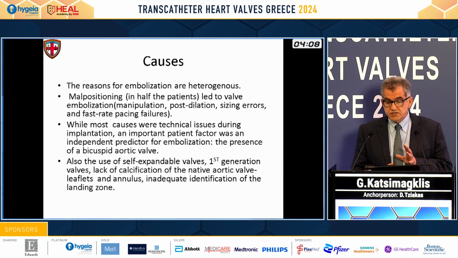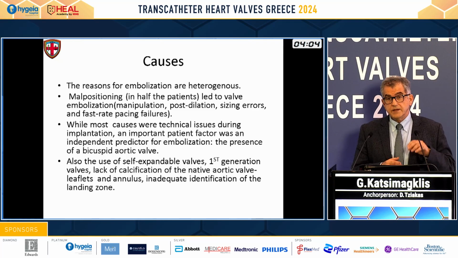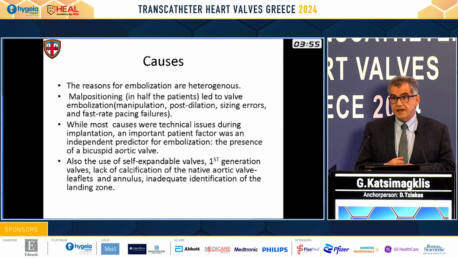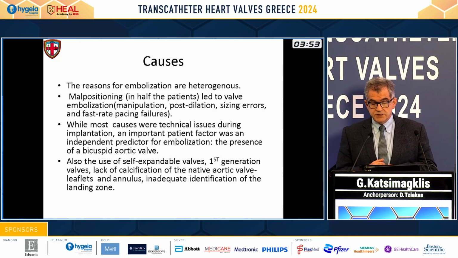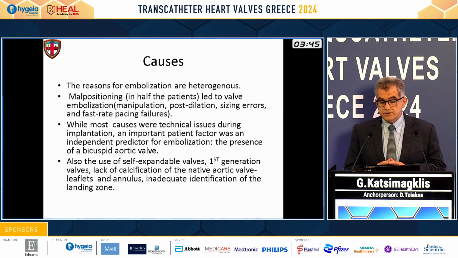The main reasons are heterogeneous. It was malpositioning, which led to valve embolization because of manipulation, post-dilatation, sizing errors, and fast rate pacing failures. There are also a lot of technical issues during implantation, but from this TAVI registry, an independent predictor of embolization was the presence of a bicuspid aortic valve.